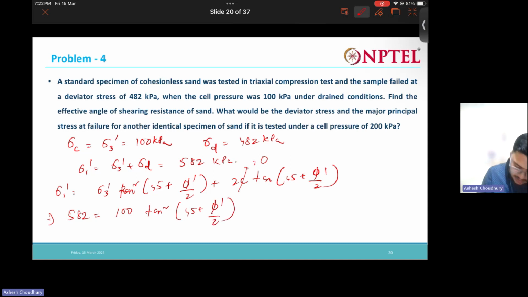So if you solve this, you will get phi. So we have solved the first part, right? The effective angle we have solved.